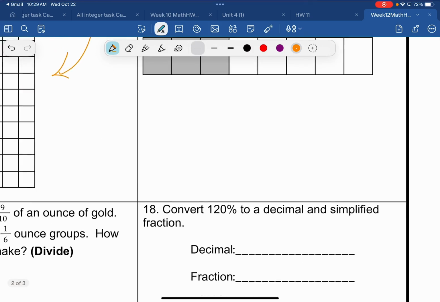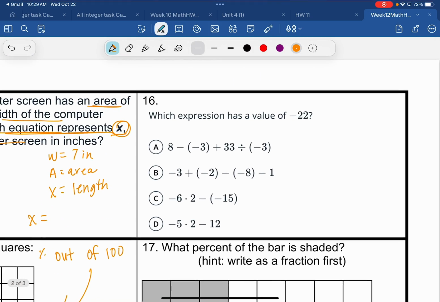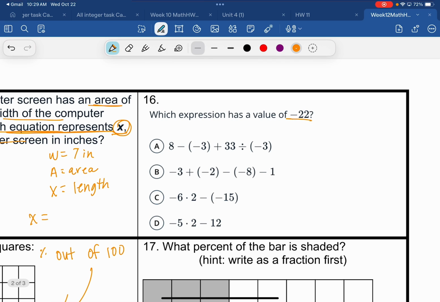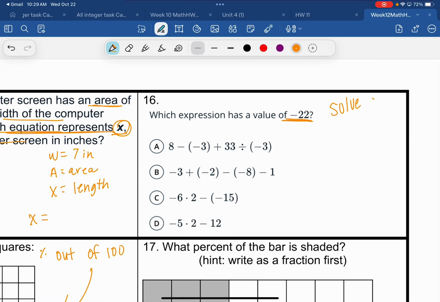Number 16. Which expression has a value of -22? That means solve all of them, find the one that equals that.